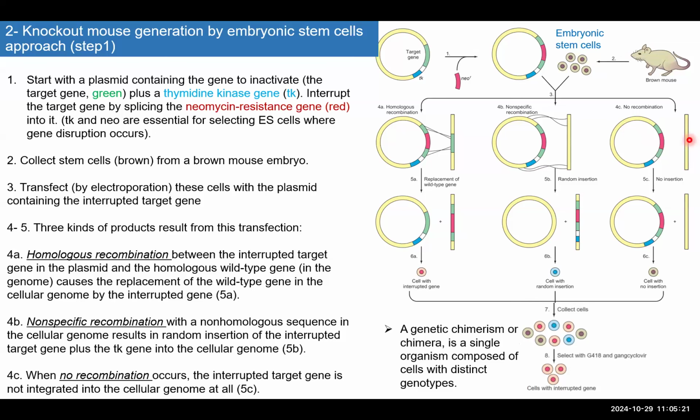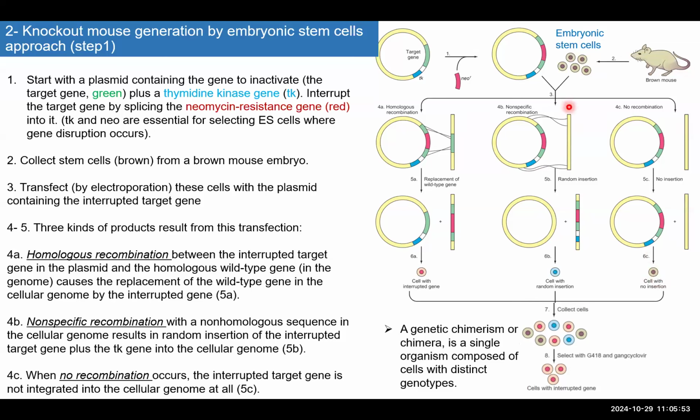In this situation, if we add neomycin, the cells will die because it doesn't have any resistance. So no recombination, no insertion of the vector or the gene into the genomic DNA, and therefore there is no resistance being conferred by the vector, and therefore the cells will die if you add neomycin.